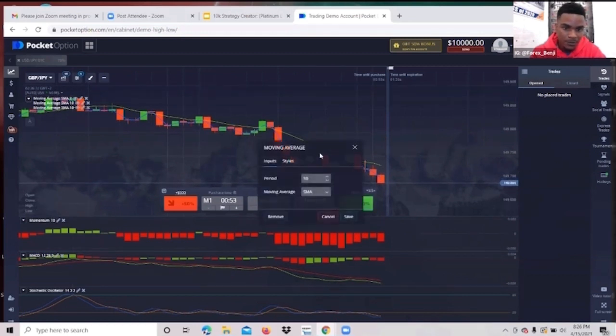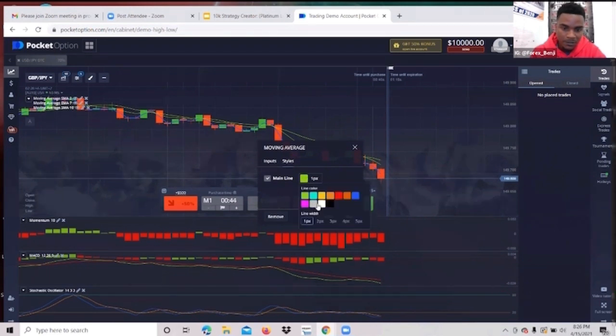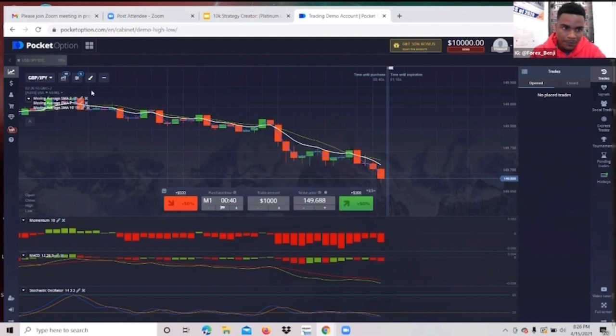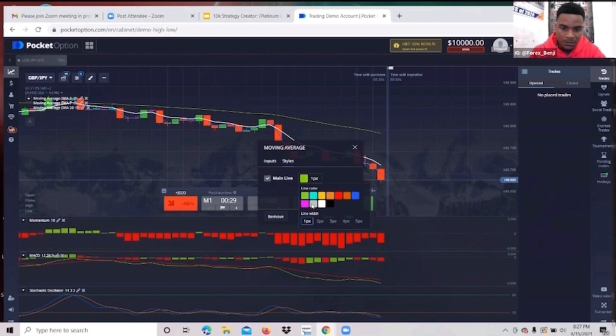Next one will be 7 EMA, white, 2 pixel. The third one would be EMA 50, styles, 2 pixel, green.